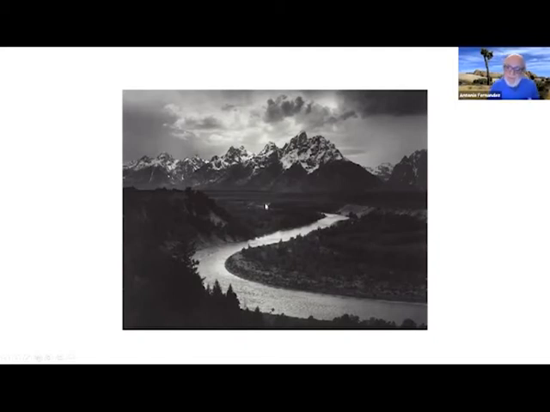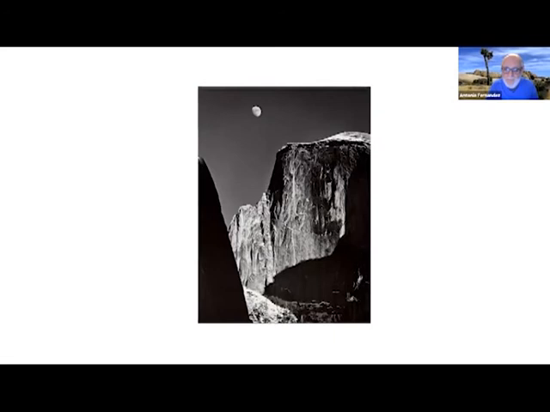And that was a style of photography that came to be in the beginning of the 20th century. In fact, he was part of a group called the F64 group, where you went to this tiny, tiny aperture of f-stop 64 so as to get the greatest depth of field.